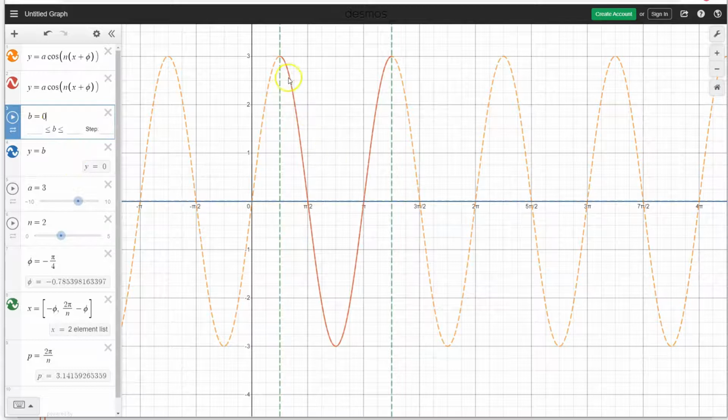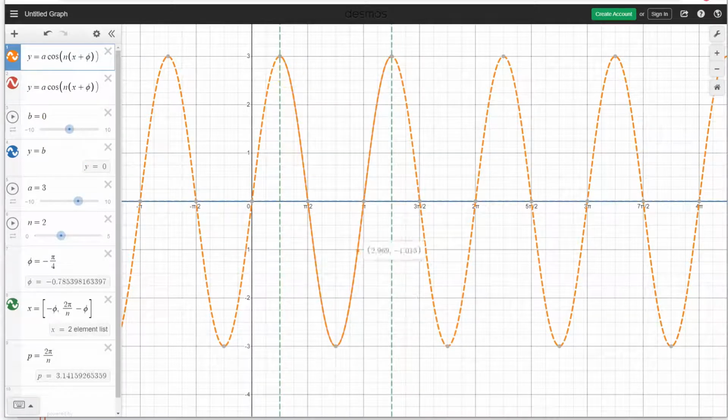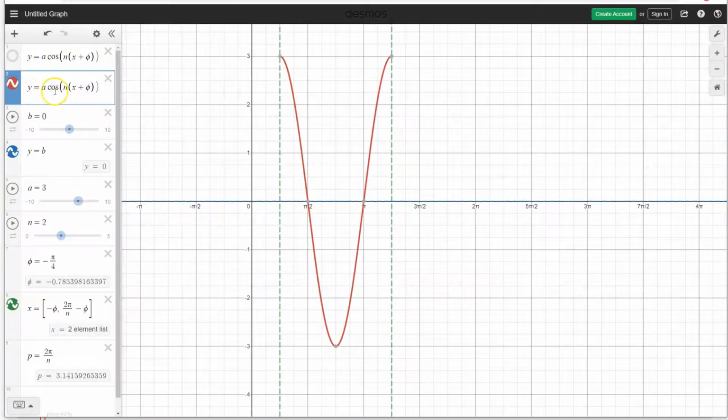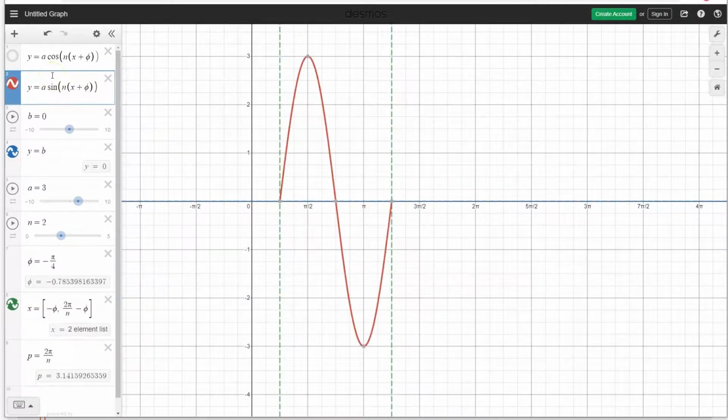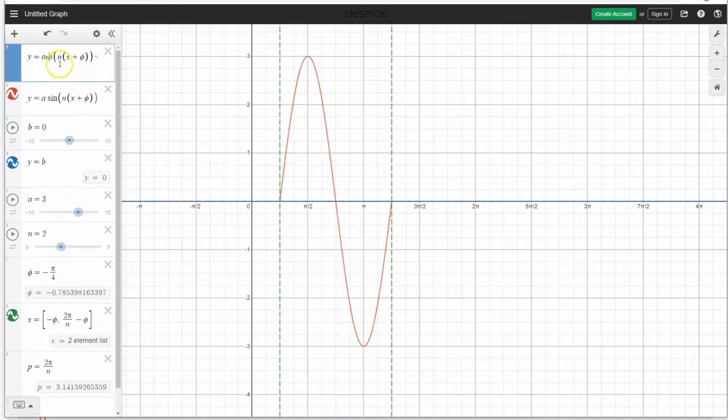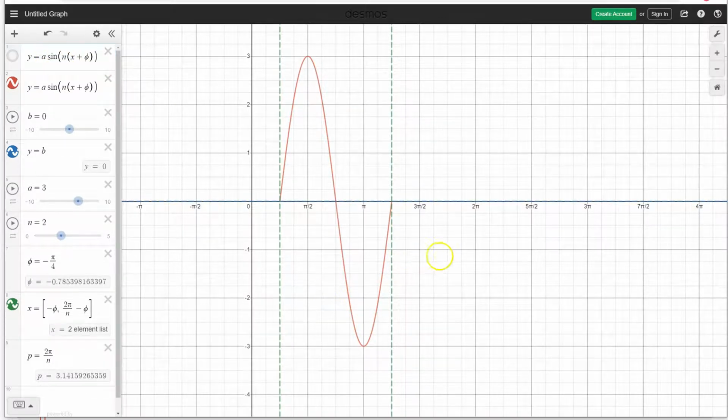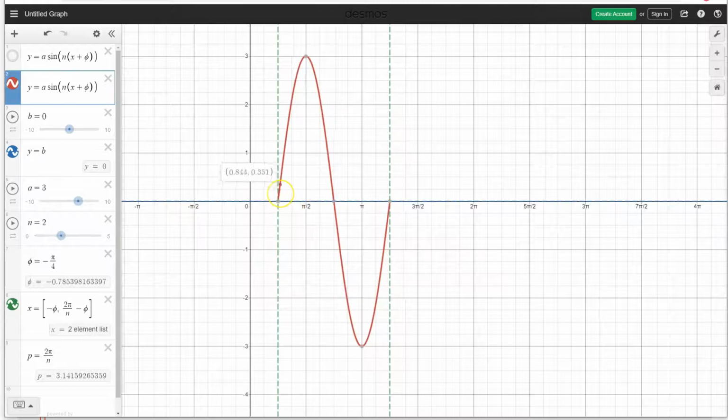So notice what we've got here is the translation of our graph. If I do it over one cycle, it was a sine graph, not a cosine. After one cycle, this is what our graph looks like. It starts at pi over 4 and finishes at 5 pi over 4.